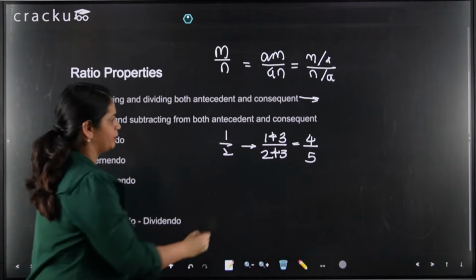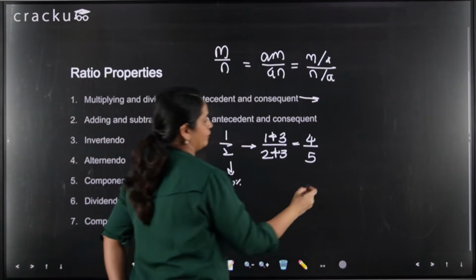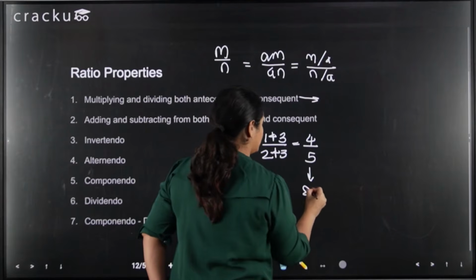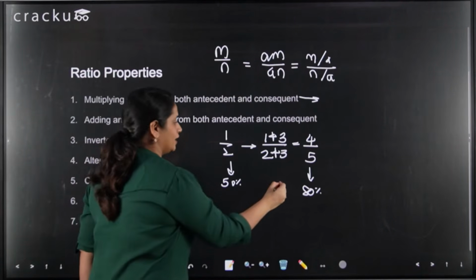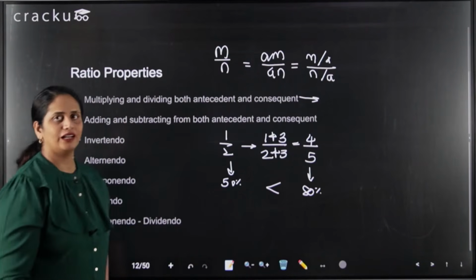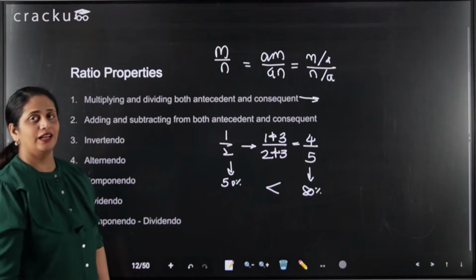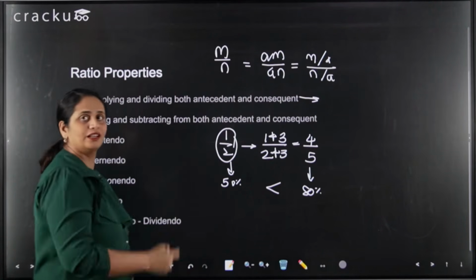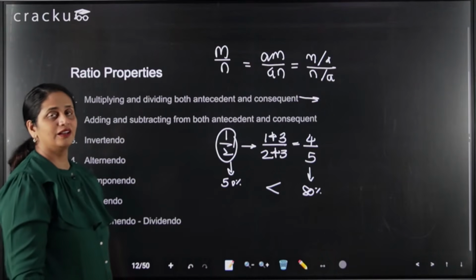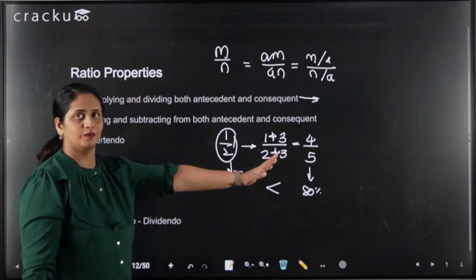Half is around 50%. 4 by 5 is 80%. So has our ratio increased or decreased? Our ratio has increased, which means that if I add to the numerator and denominator in a ratio, and if the ratio is a proper fraction, meaning the denominator is greater than the numerator, the fraction increases in value, okay?